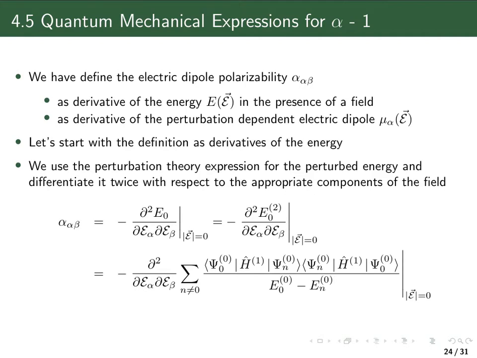One was as the second derivative of the energy in the presence of an electric field, and the other one was as the first derivative of a component of the electric field dependent electric dipole moment. And we can use both expressions in order to obtain quantum mechanical expressions for components of the dipole polarizability.